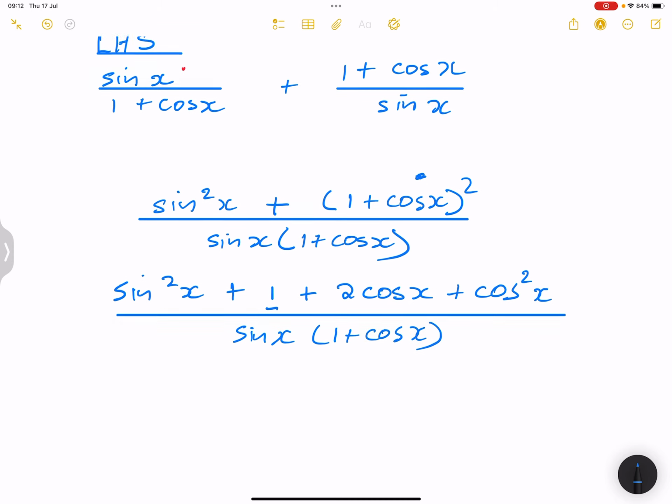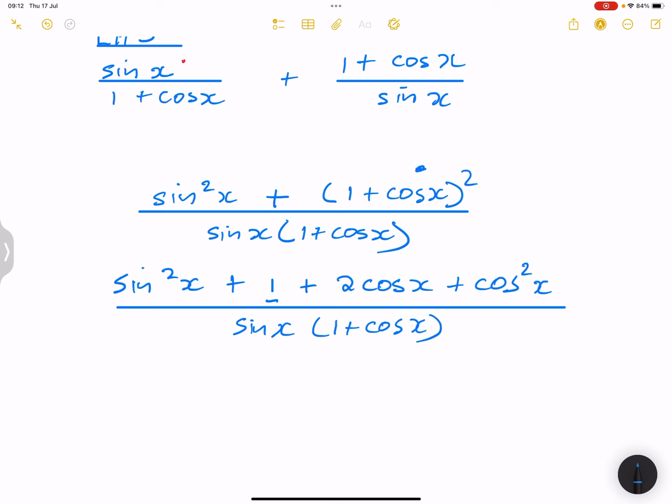Right, now ladies and gents, I want you to note there, I've got cos squared of x plus sine squared of x. You already know this is an identity, right? One of our square identities. We know that cos squared of x plus sine squared of x will always be equal to 1. So this and that simply convert to 1.